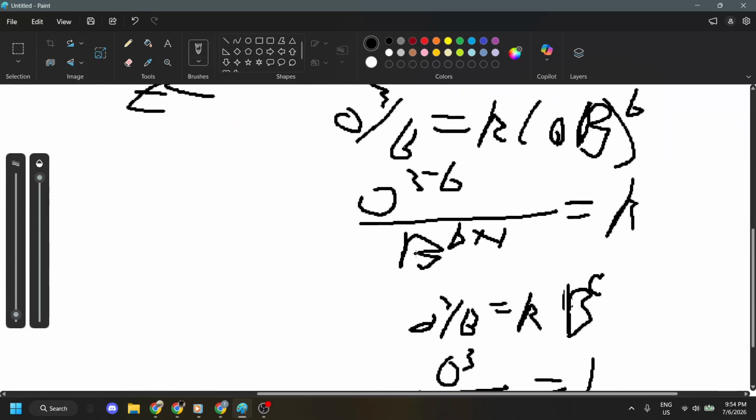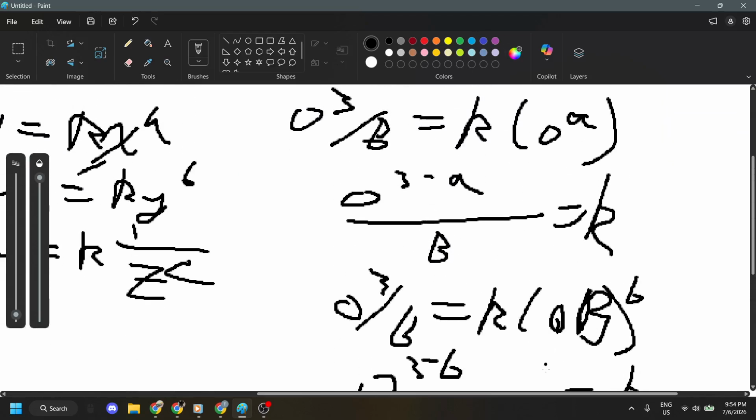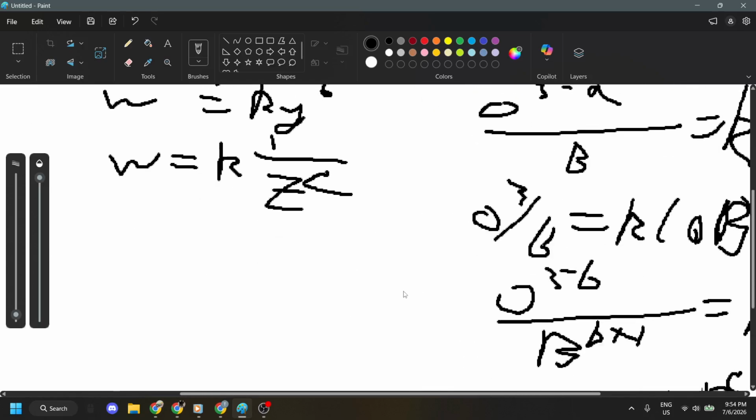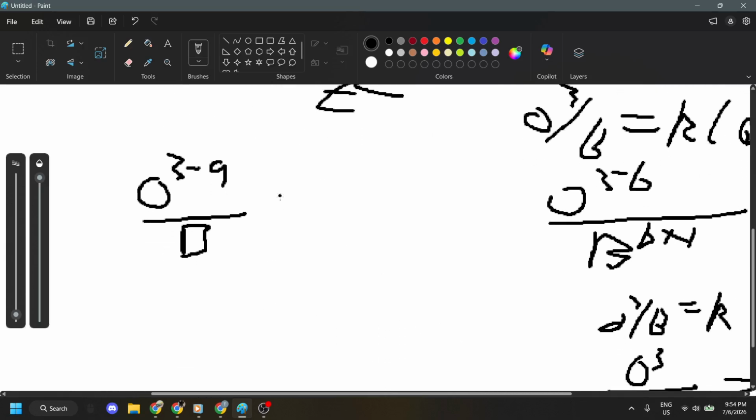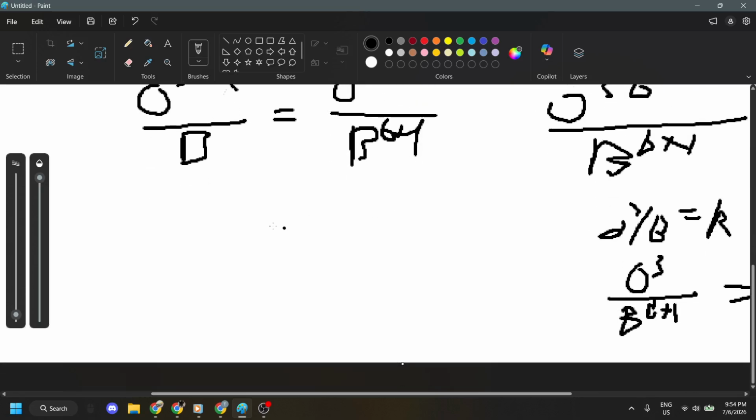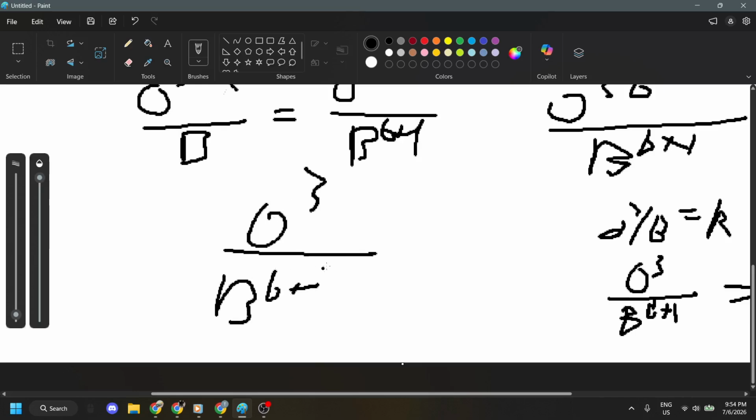So we need these all to be the same. So oingos to the 3 minus a over boingo is equal to oingo to the 3 minus b over boingo to the b plus 1, and oingo to the 3 over boingo to the c plus 1.